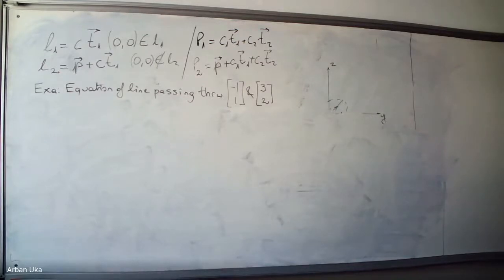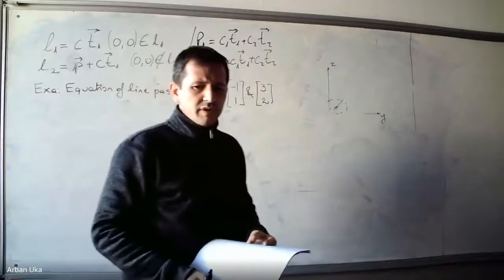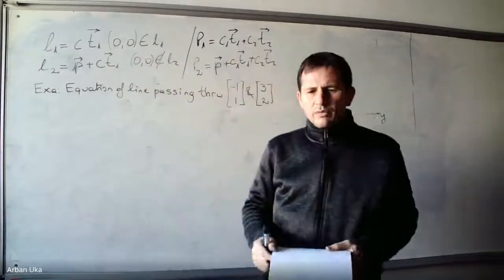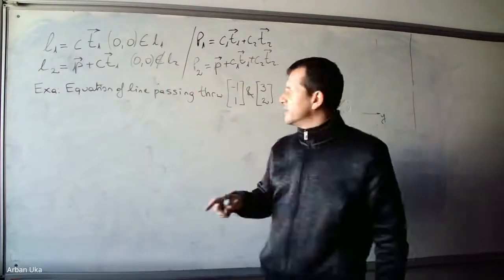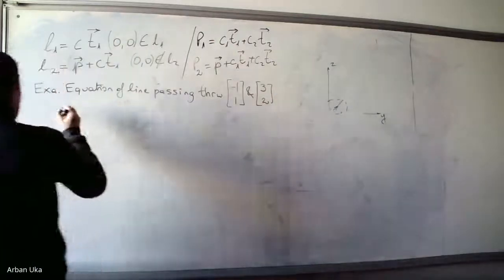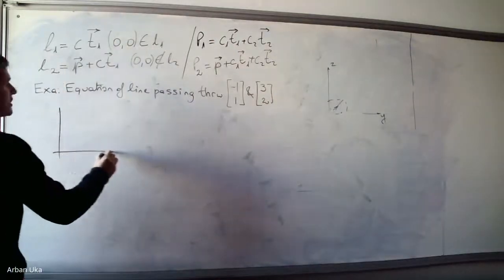Okay, how can we determine the equation of the line? If we want to determine a line, what is the most important parameter? One of the most important parameters would be the direction. Okay, so now let's try to visualize as best as we can.